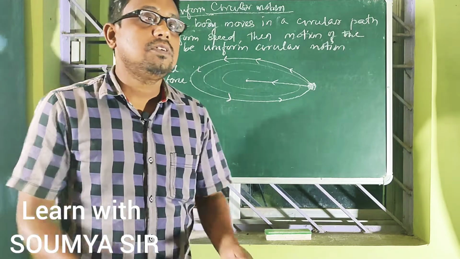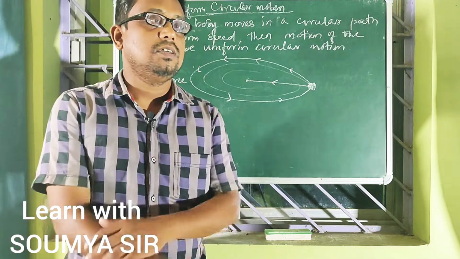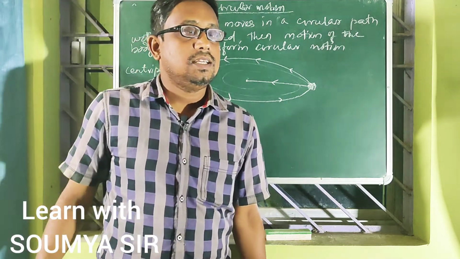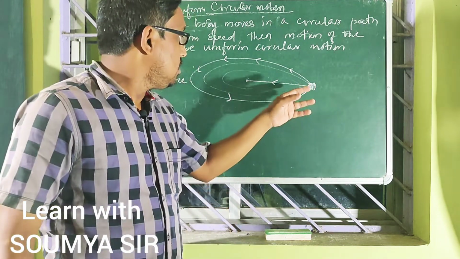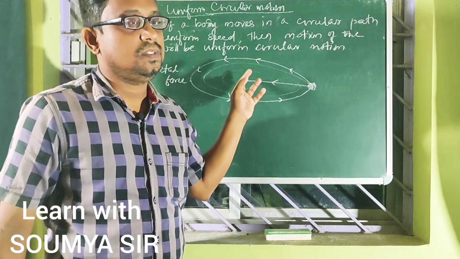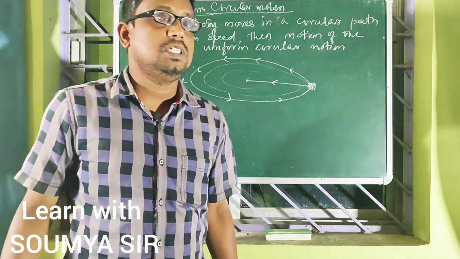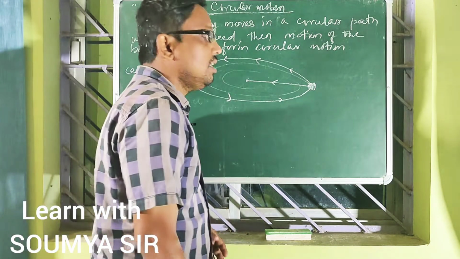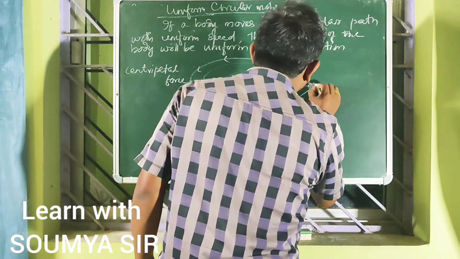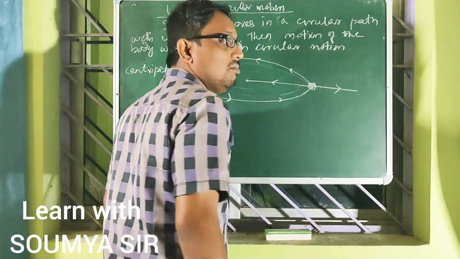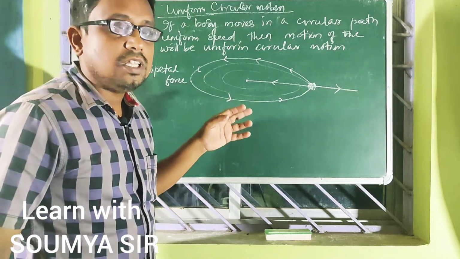How? Because in Newton's third law, it is given that for every action there is an equal and opposite reaction. As the body is pulled by the thread towards the center of the circular path, some force is there which makes the body maintain its circular path. That means it pulls the body away from the center, such that the body maintains its motion in the circular path.